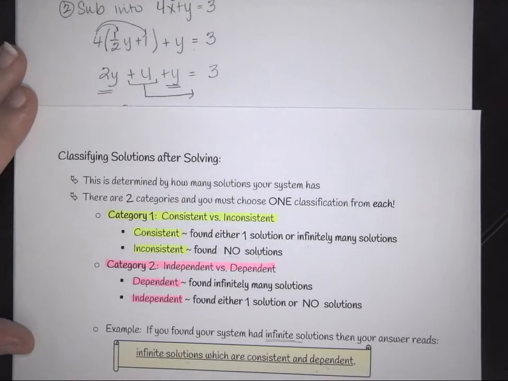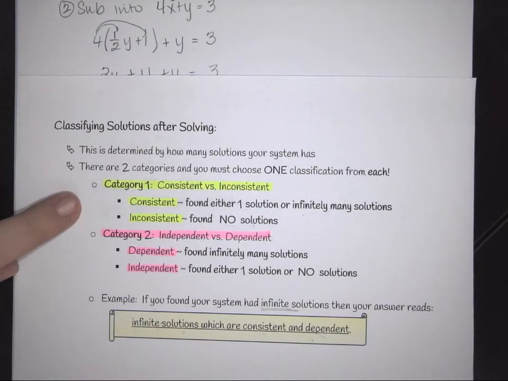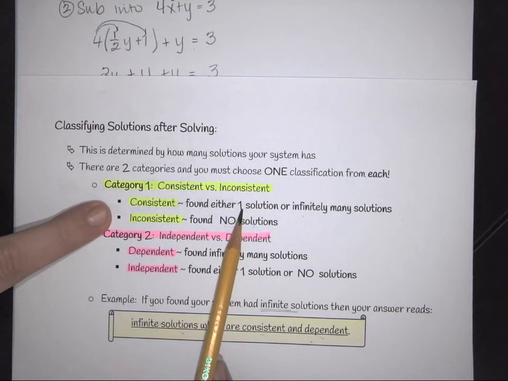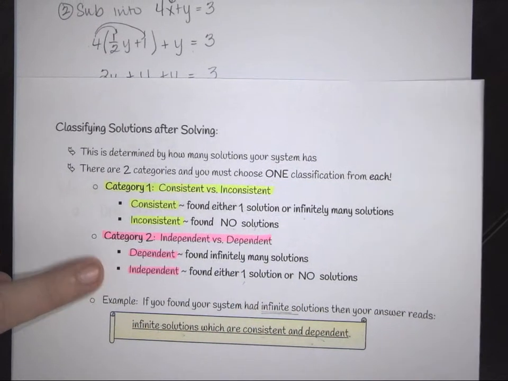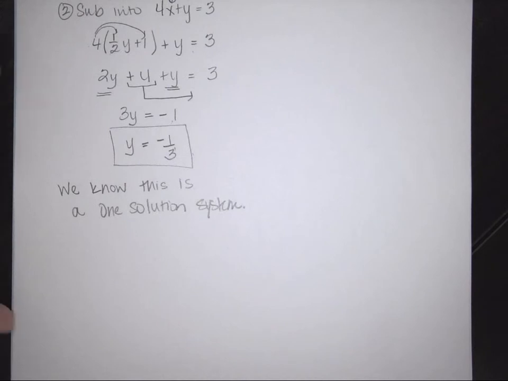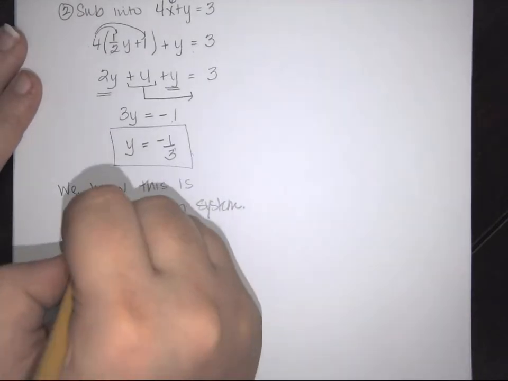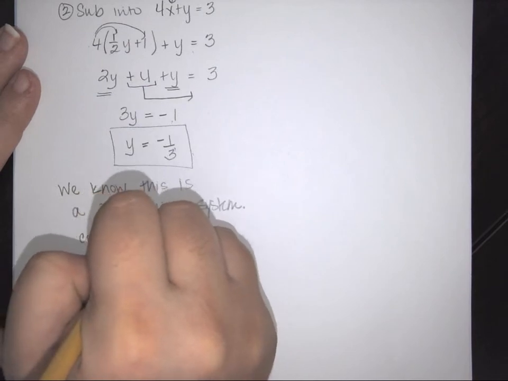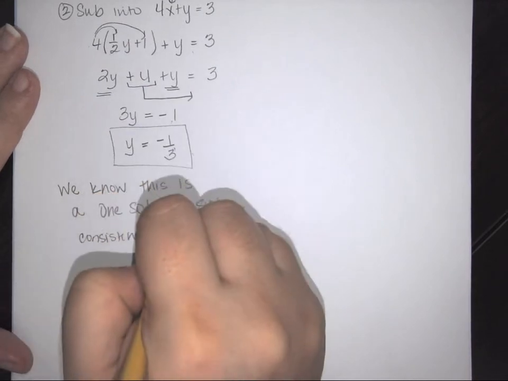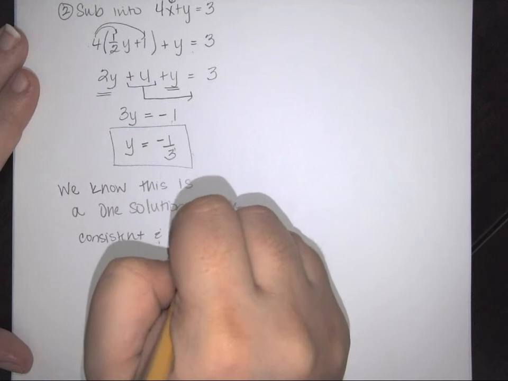If you remember your classification, one solution is going to be consistent and independent. So we would go ahead and be able to write that one solution system here is going to be consistent and independent.